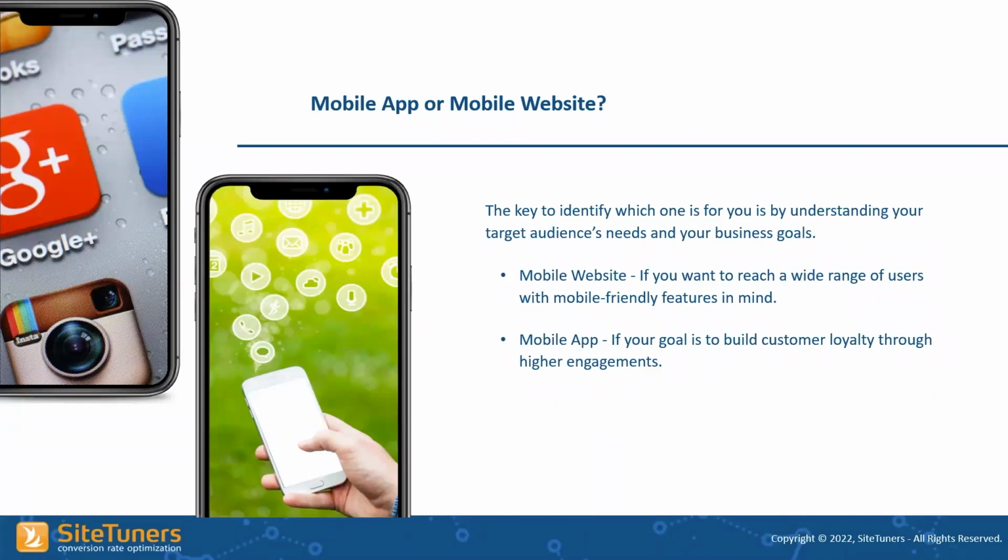If they are, then your design needs to keep in mind that they are doing it all potentially on their mobile device, whether it's on a website or on an app. If, on the other hand, you know that people are killing time on your website or on your app, you're going to treat those people a little differently. You need to understand your audience.